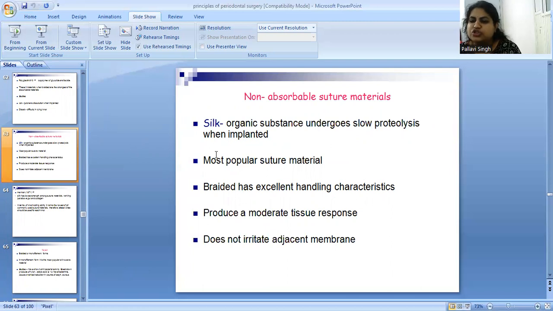It is the most popular suture material and is braided, so it has excellent handling characteristics. It produces a moderate tissue response and does not irritate the adjacent membrane.